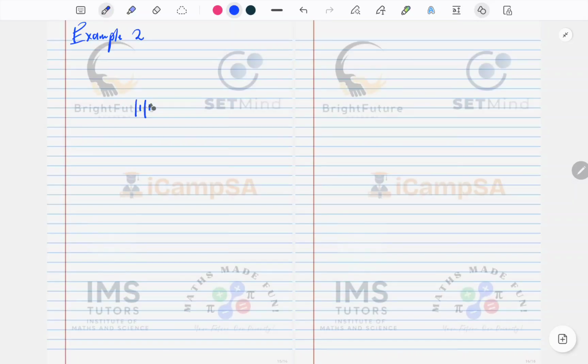Let's do another circuit, but now we're going to do a parallel circuit. Okay, we've got a parallel circuit.